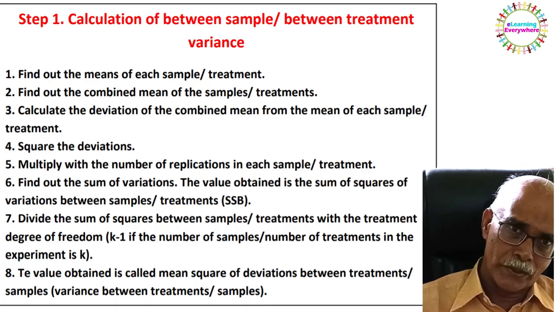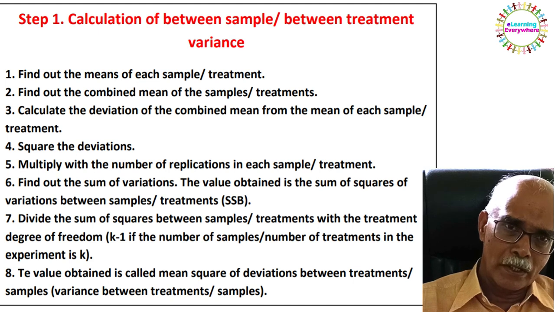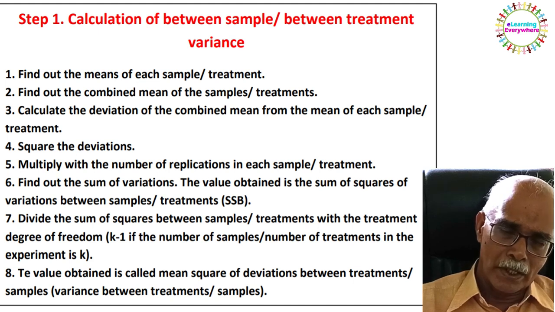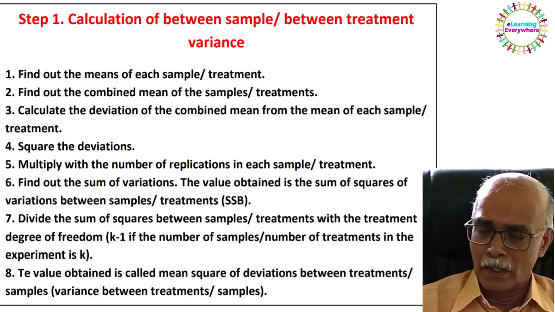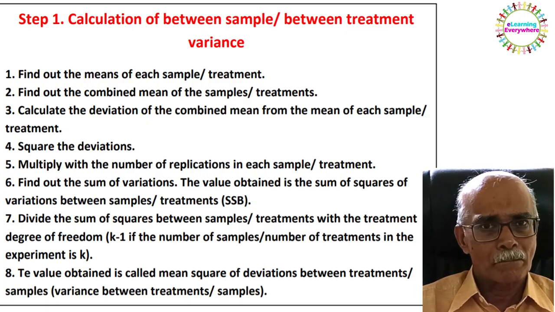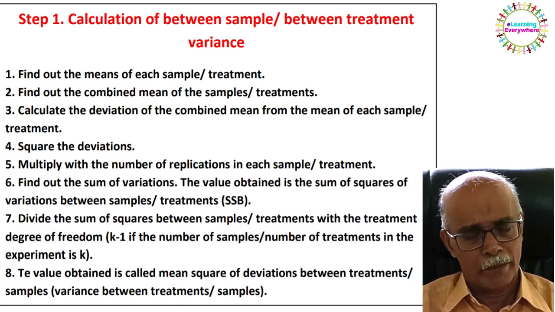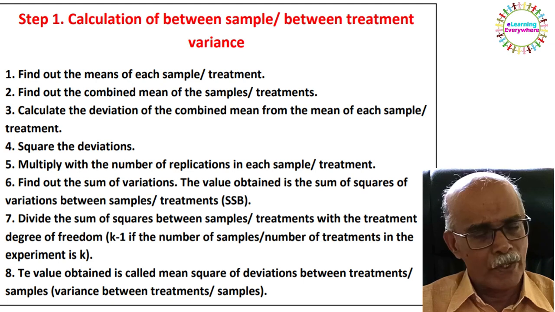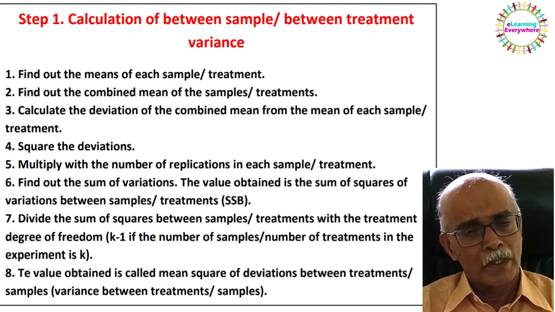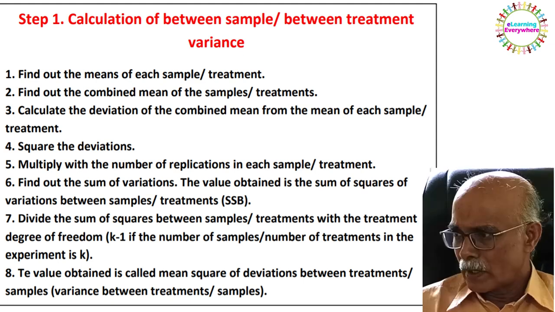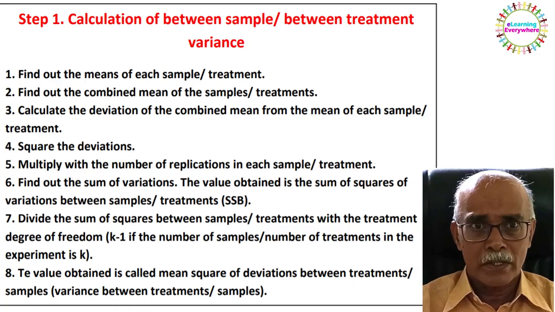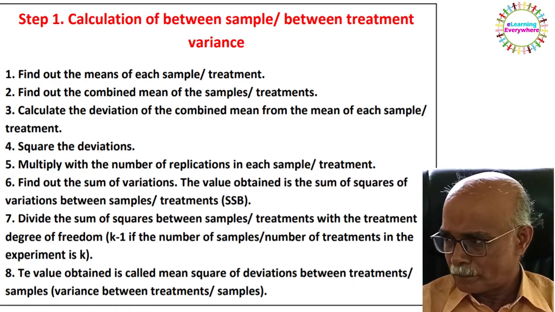If you are considering x double bar as the grand mean of the samples or the grand mean of the treatments, you can find it by taking the mean of the sample means.